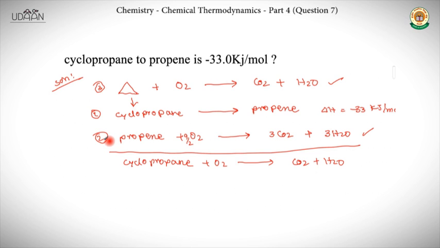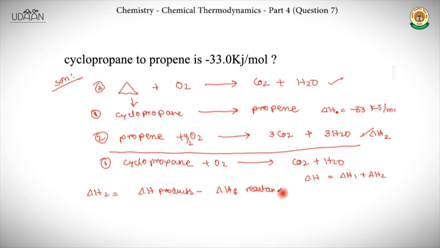For equation 2, we need to get delta H. We know it for equation 1. Change in enthalpy for equation 3 is delta H1 plus delta H2 by Hess's law. We know delta H1. We need to find delta H2. And again by Hess's law, we know that the change in enthalpy for equation 2 is the enthalpy of formation of products minus the enthalpy of formation of reactants.